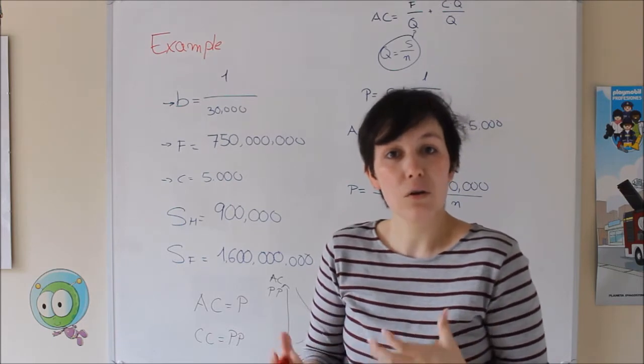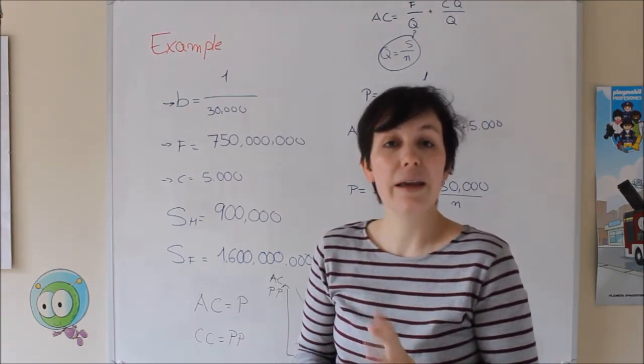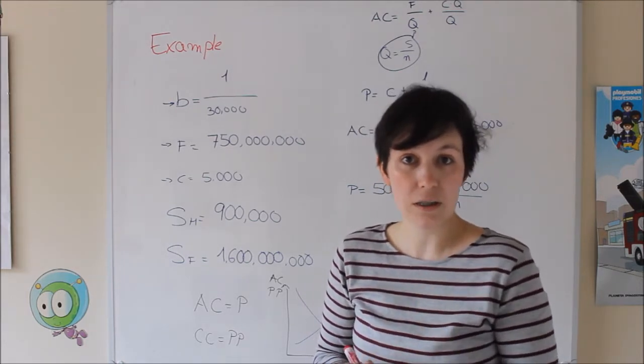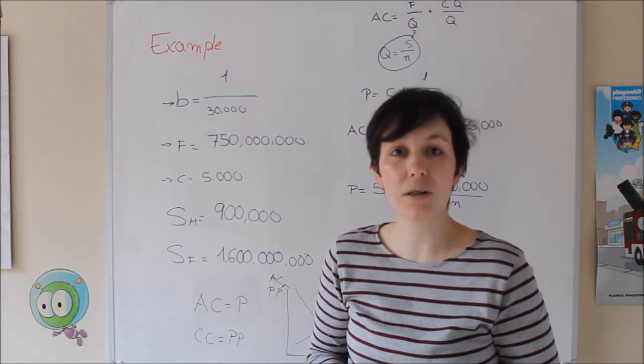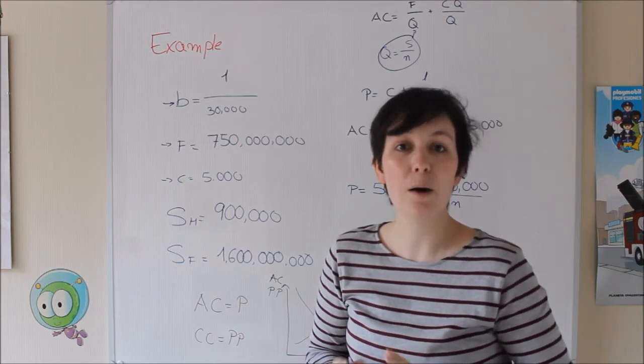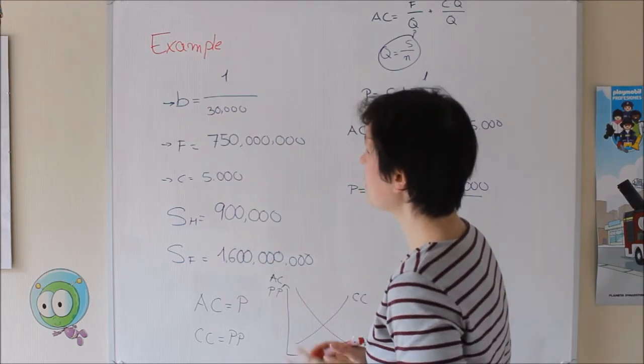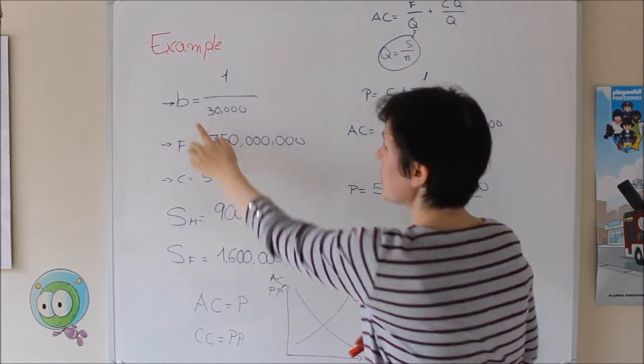Because they have some power, they face that demand in a way that they can change the price. Just keep in mind that here producers are not price takers, they are price setters. So this is a parameter that is coming from the demand.